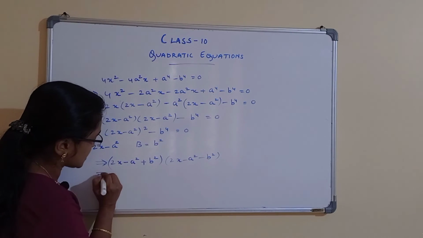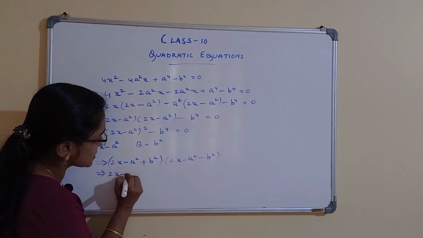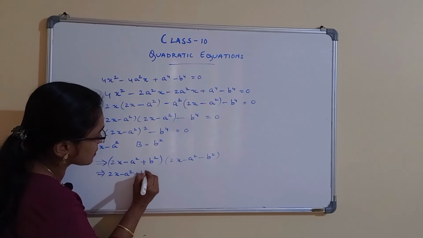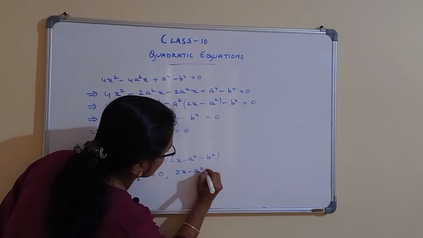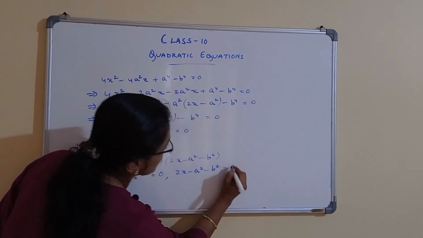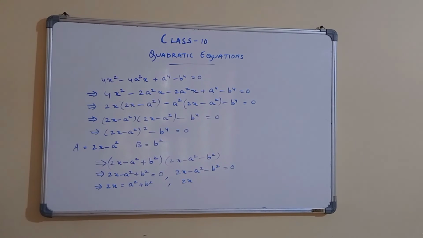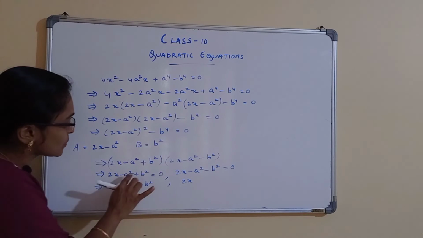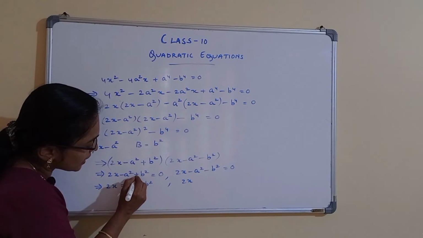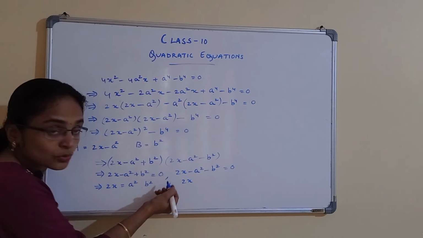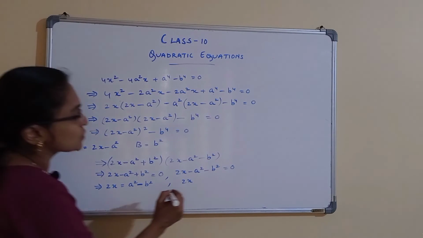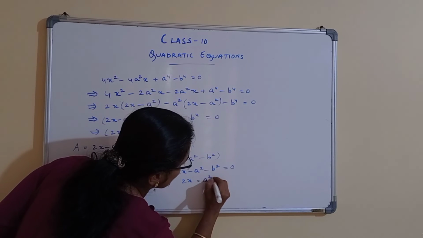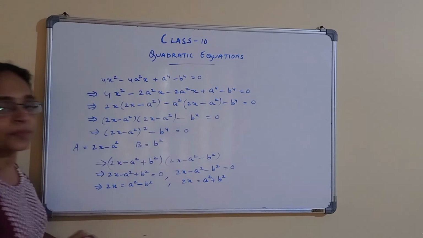which implies 2x minus a square plus b square is equal to 0 and 2x minus a square minus b square is equal to 0. Right? This implies 2x is equal to a square. If we take plus b square to the right hand side, we have a square minus b square and 2x is equal to a square plus b square.